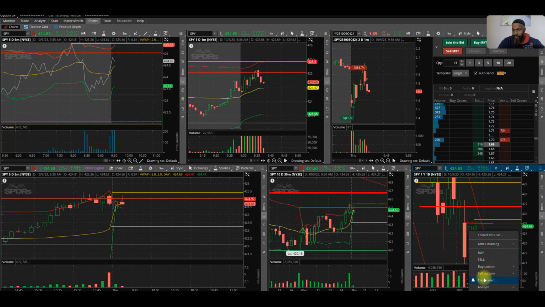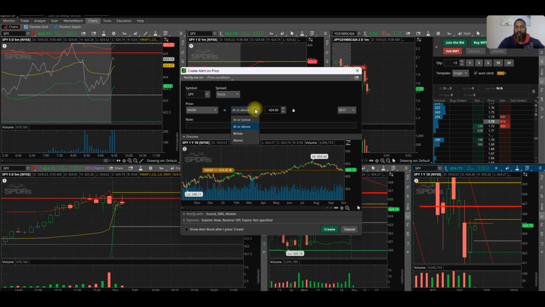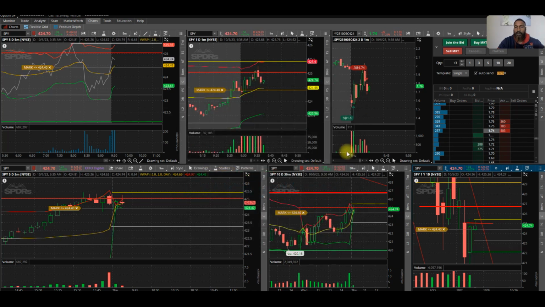That will set us up for a very nice put to the downside, potentially.